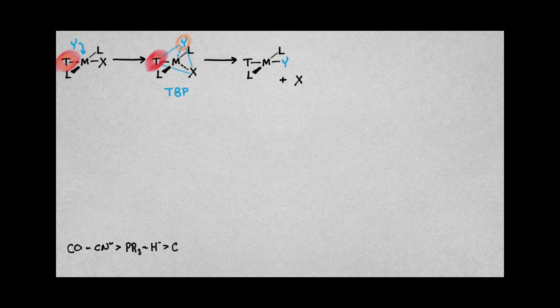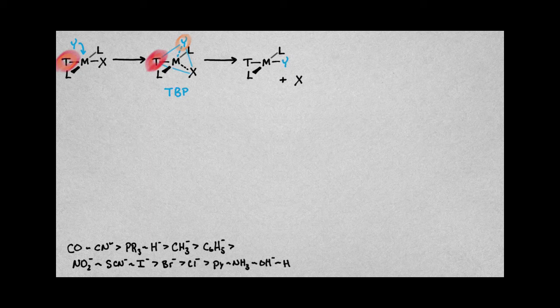And there's a standard pattern that we observe with varying the identity of that ligand T, shown here. Basically, the observation is that the rate of substitution increases in this direction, from water being the most sluggish trans ligand to carbon monoxide and cyanide being the most effective trans ligands at increasing the rate of the reaction.